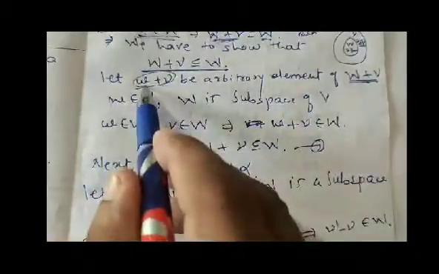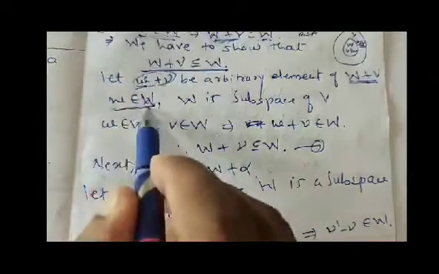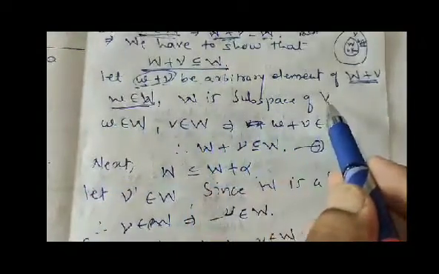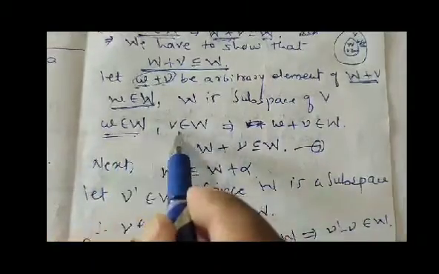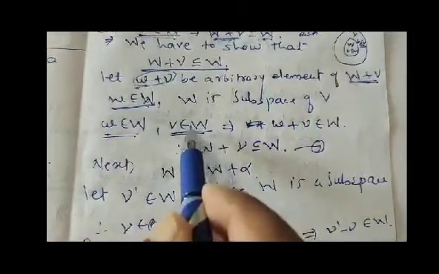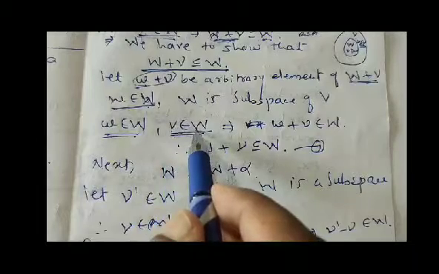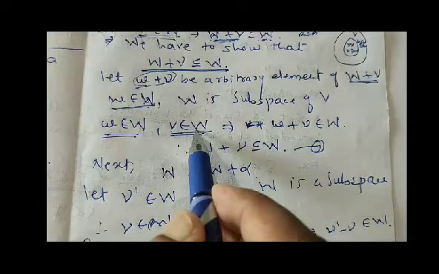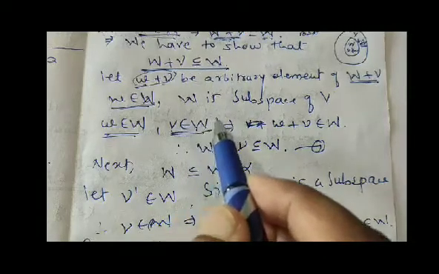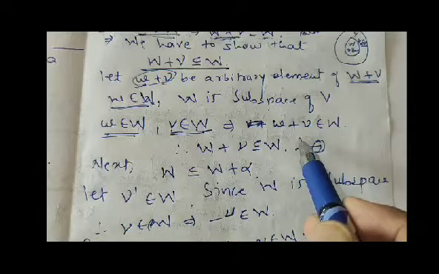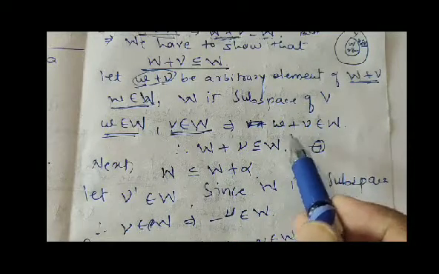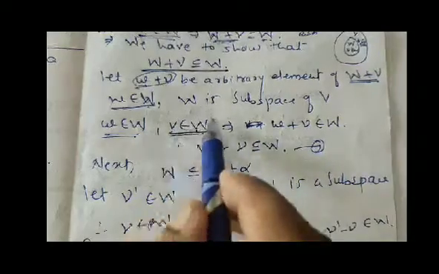So this omega belongs to capital W. Omega is in V, no doubt. So what is given? Which thing is given?